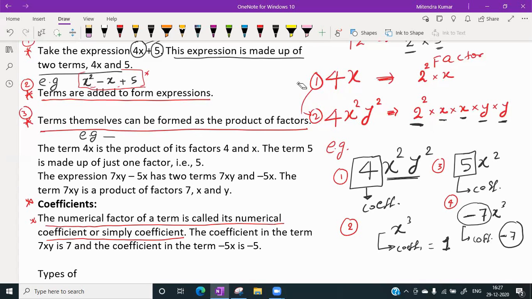x cube minus 5x square plus 8. If I ask, can you answer?